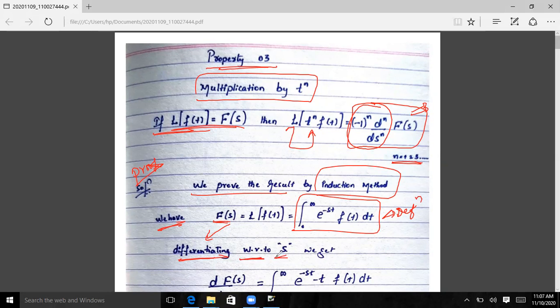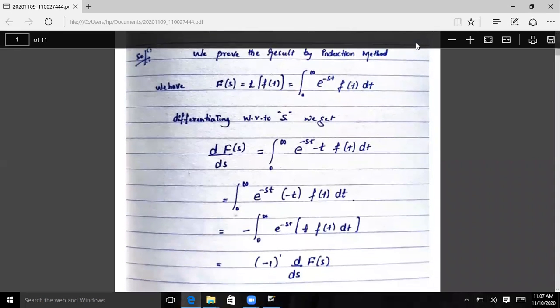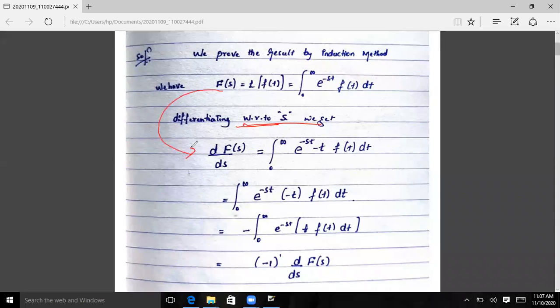When we differentiate with respect to s, we get dF of s by ds. The integral stays as it is, and we differentiate e to the power minus st with respect to s only.